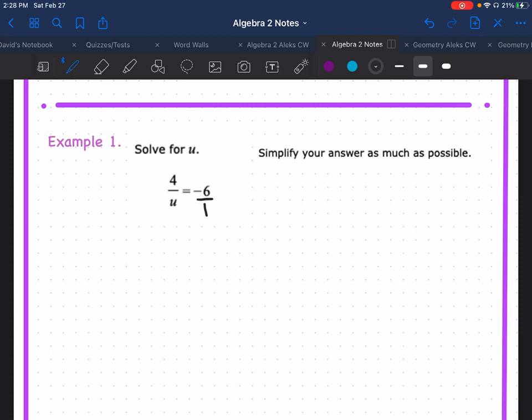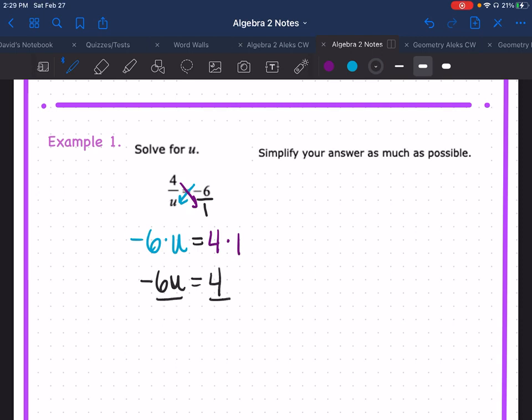Which means I can still cross multiply. So I'm going to do -6 times u equals, and then this one I'm going to do 4 times 1. So -6u equals 4 times 1, which is 4.